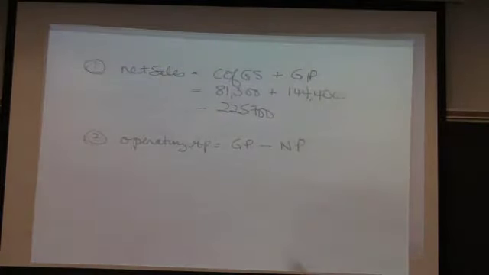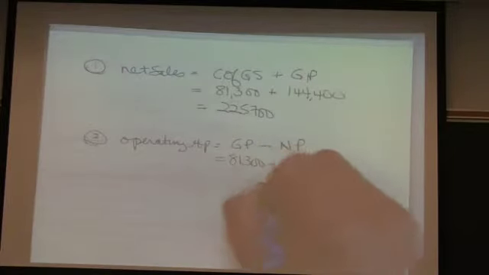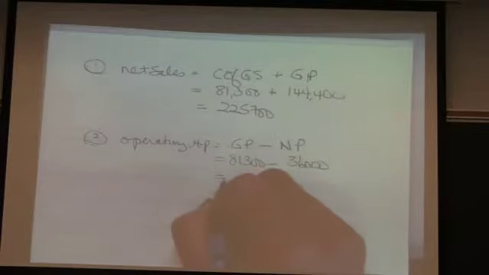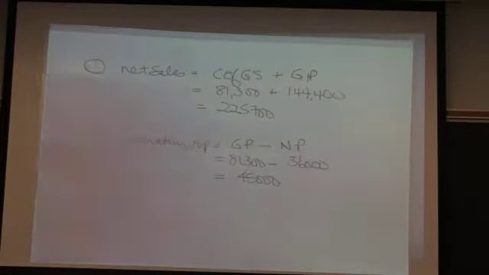So gross profit we know is 81,300 and net profit is 36,000. So operating expenses is 45,000. That one's not so hard. So let me write this down.